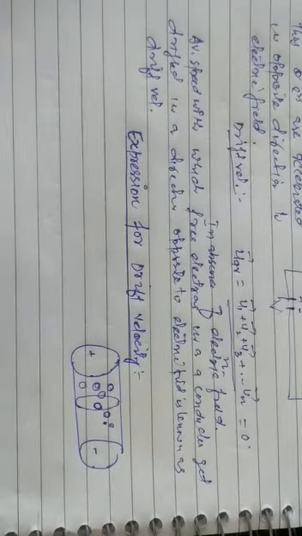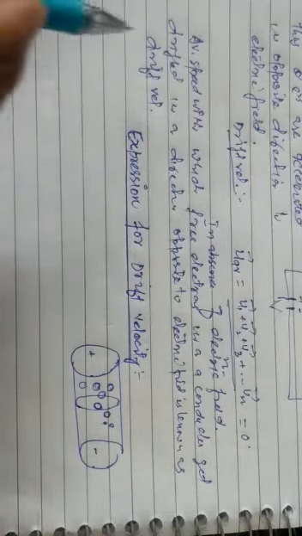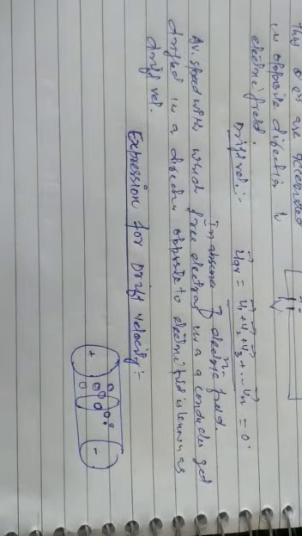Now we have to derive an expression for the drift velocity. Drift velocity is the average velocity with which free electrons in the conductor drift in a direction opposite to the direction of applied field.